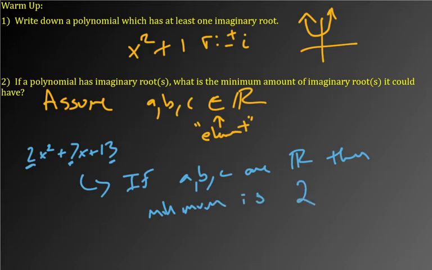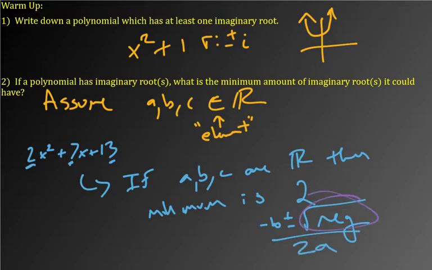And the reason is, when you do things like the quadratic formula and you have negative b plus or minus, the only way you're going to get imaginary roots is if the thing under the square root is negative. And as soon as that's negative, you're doing plus and minus it, which is why you get pairs like this.